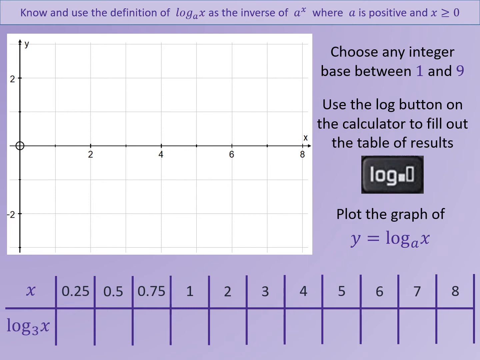So I've chosen a base value of 3. So you can see that in my table, I've got log to base 3 of x, but you can choose any base number between 2 and 9. And what I'd like you to do, please, is fill in the table of results for these values of x. So for example, my first value will be log to base 3 of 0.25, which gives me minus 1.26.